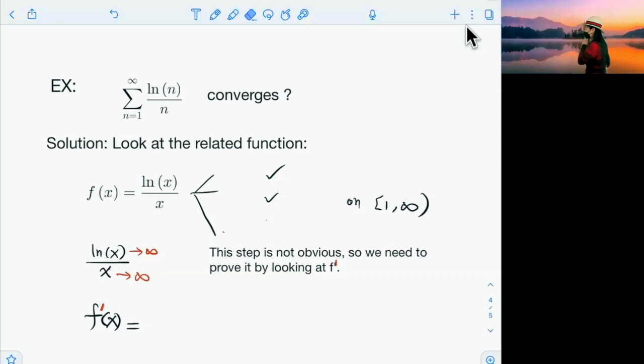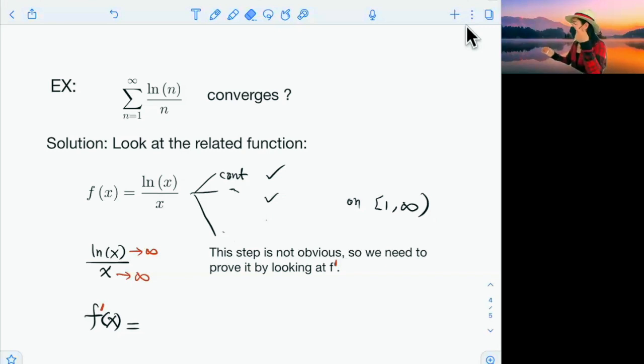Okay, let's check off the 3 hypotheses. What are the 3 hypotheses? Continuous. And is it continuous? Yes. It's undefined when x equals 0, but we're looking at 1 to infinity, so no problem with that. So it's continuous.